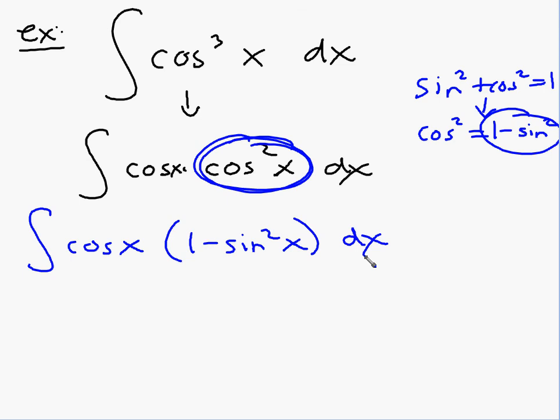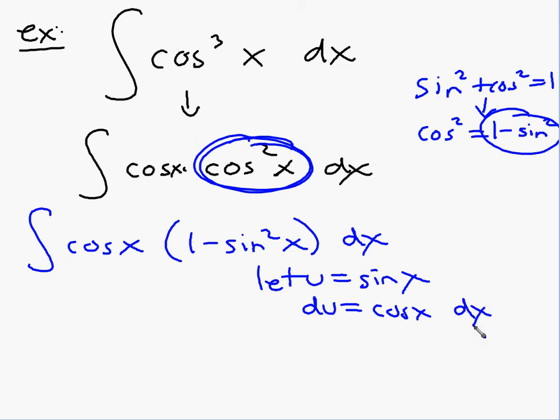Okay? And the reason why that is important is if I let u equal the sine of x, then du helps me cover everything else. The derivative of sine is cosine of x dx.